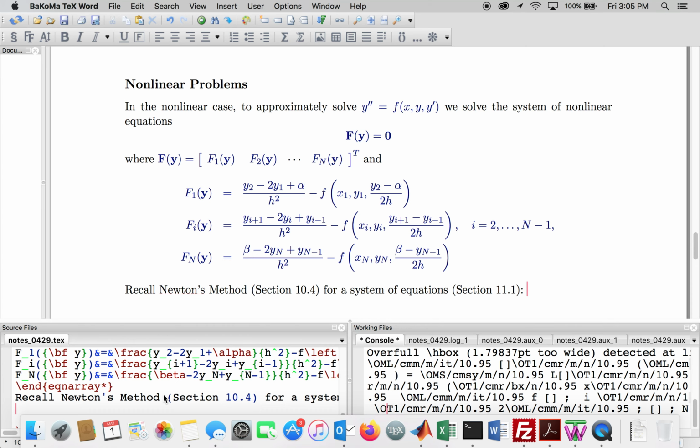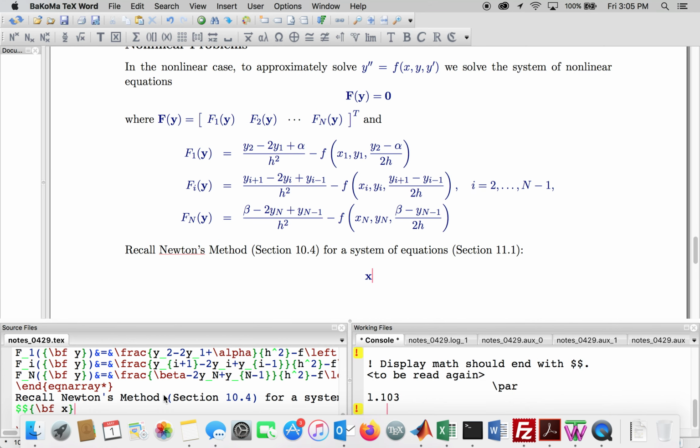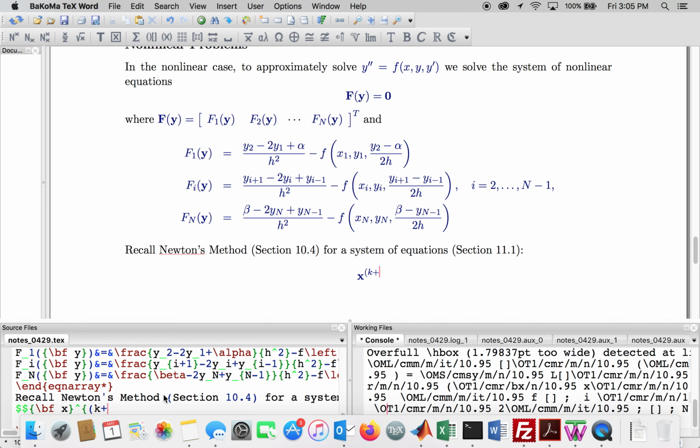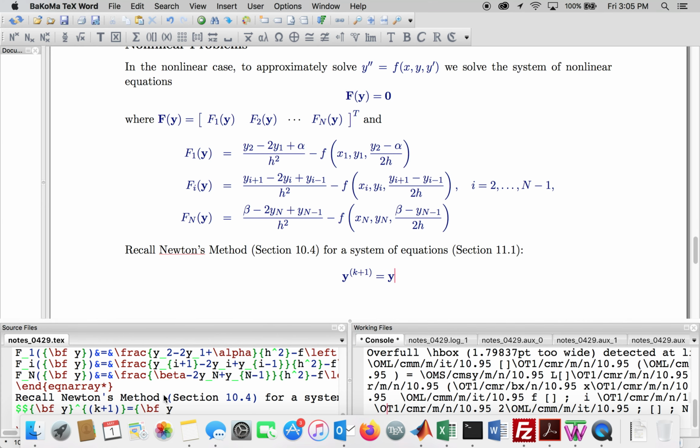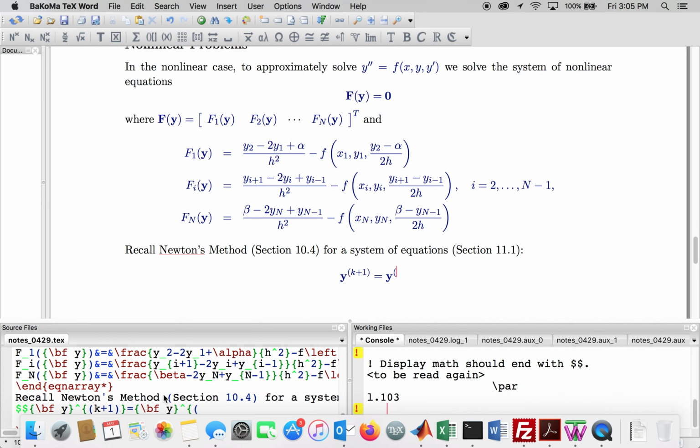So the main iterative step for Newton's method is xk plus 1. Actually, I'm going to use y in this case because that is our solution. Is equal to yk. You may recall Newton's method for a single equation, we'd subtract off, so it'd be yk minus f of yk over f prime of yk.